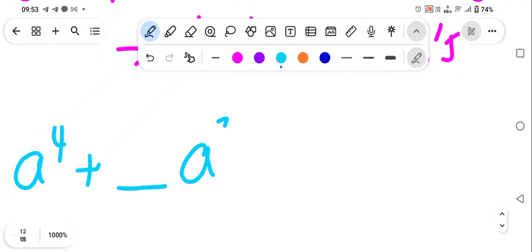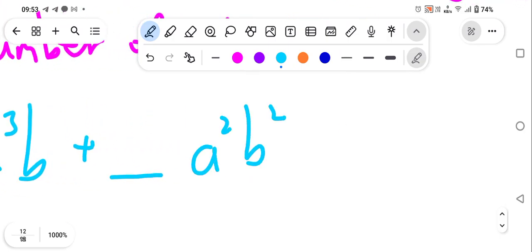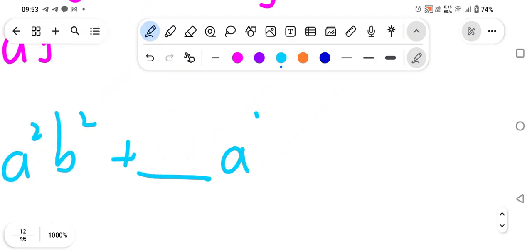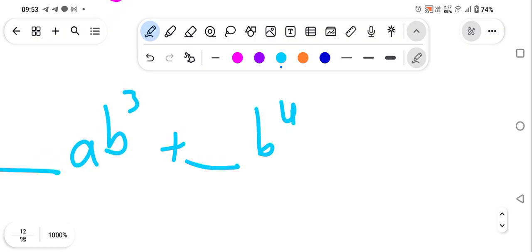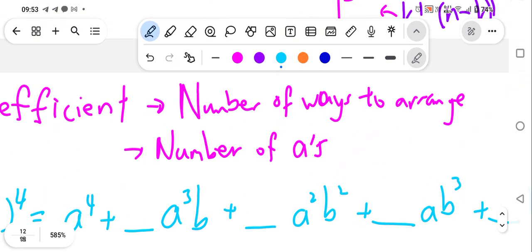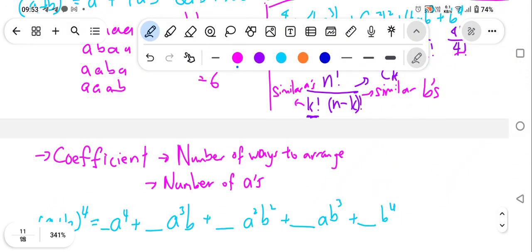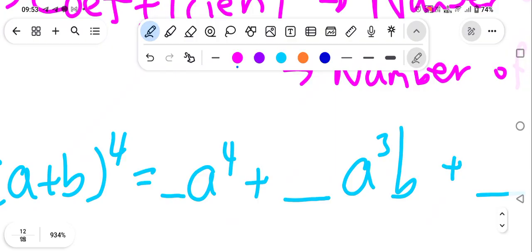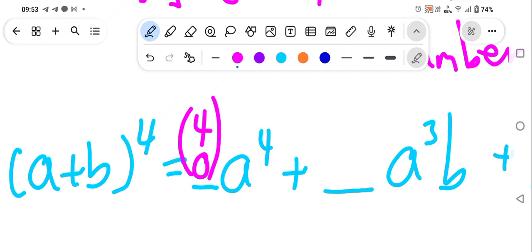So we have a cubed b plus blank a squared b squared plus blank ab cubed plus blank b to the power 4. So what do we fill in the blanks actually? You see, we have four a's and zero b's. So that's 4 choose 0. I mean, that's 4 choose 4.